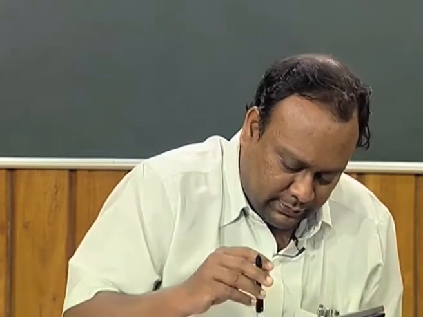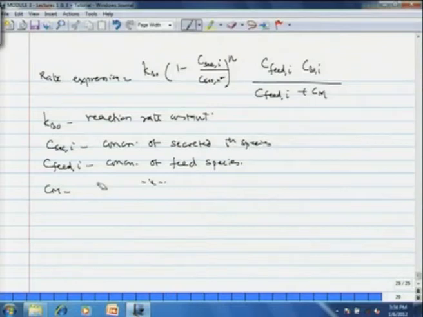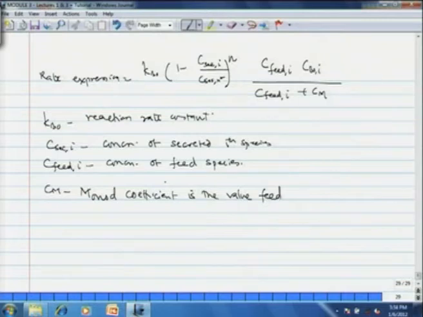So, at that point we note here: the Monod coefficient is the value of feed species concentration when the growth rate is 50% of maximum value.